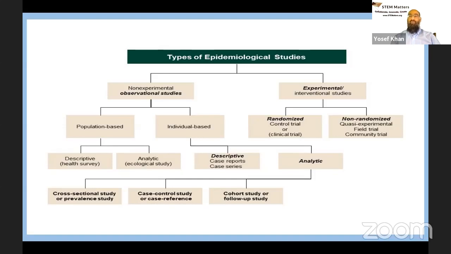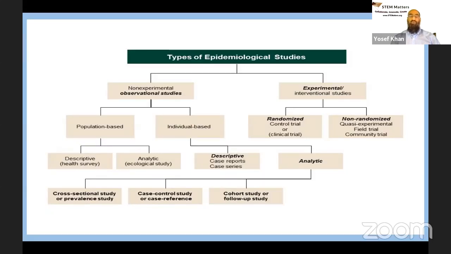We also have a lot of non-experimental or observational studies. These can be population-based, where we're looking at the entire population, or they can be individual-based, where we're focused on the health aspects of an individual to guide us and to explain what are the collective risk factors involved in a population.